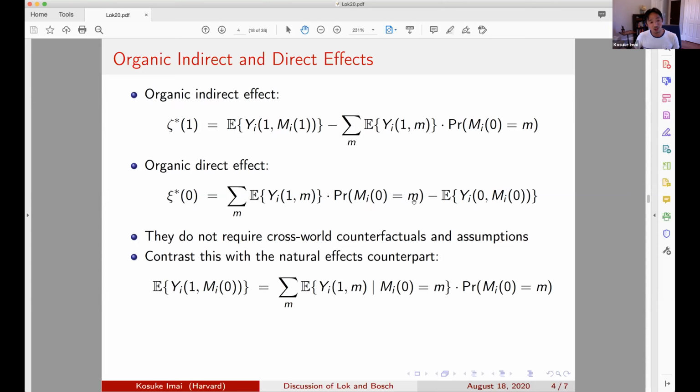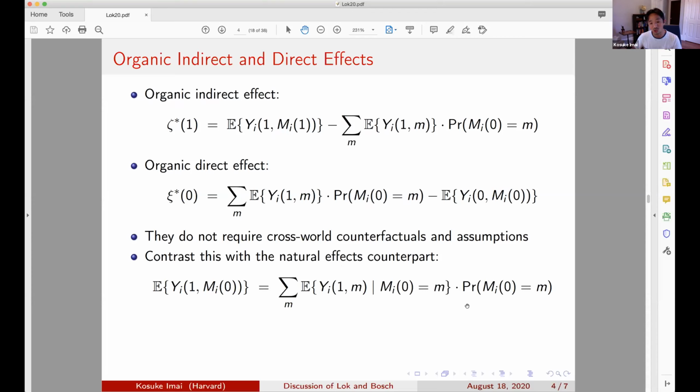So to me, you can contrast this with the natural effects counterpart. The natural effect counterpart is this quantity that people are uncomfortable with. So under the control condition, what is the value of the mediator? But you have to still fix the treatment to 1, right? So that's the incompatible sort of quantity.